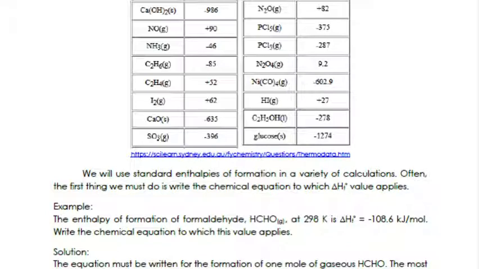So if we combine H2, 1 half O2, and carbon, you will have formaldehyde which will have a heat of formation of negative 108.6 kilojoules per mole.